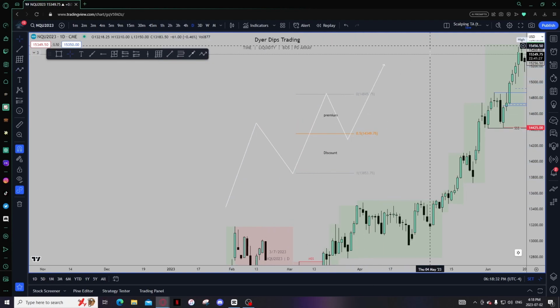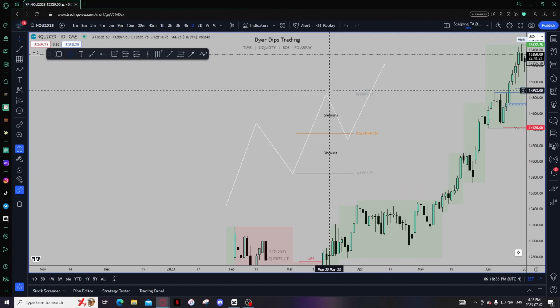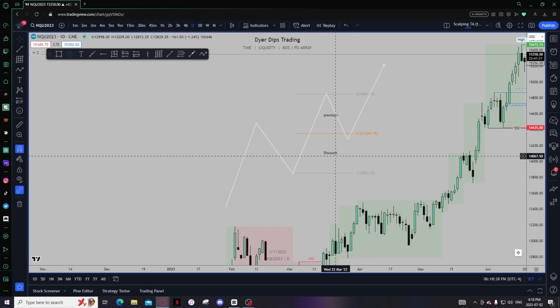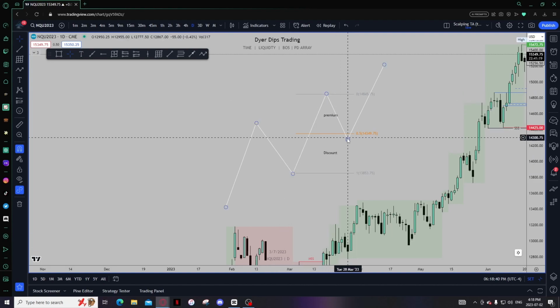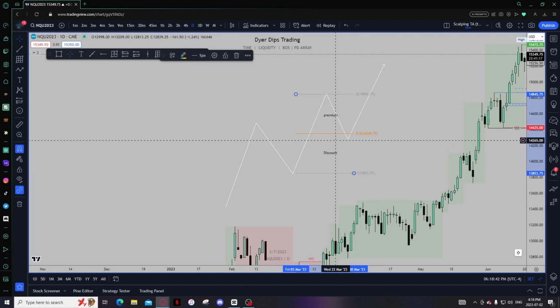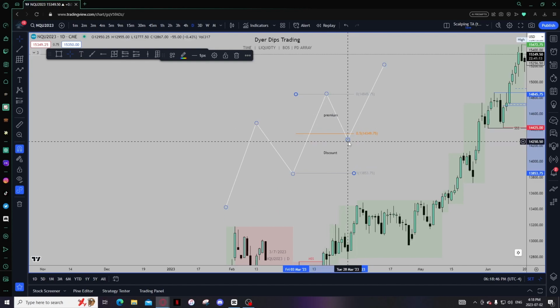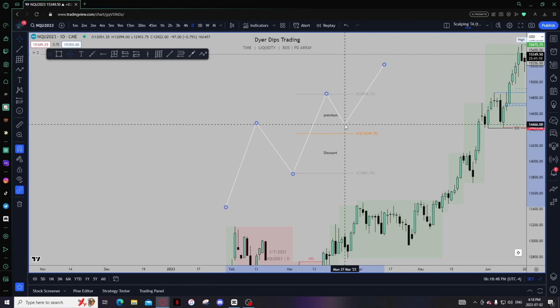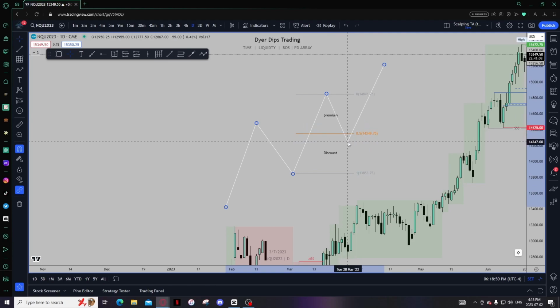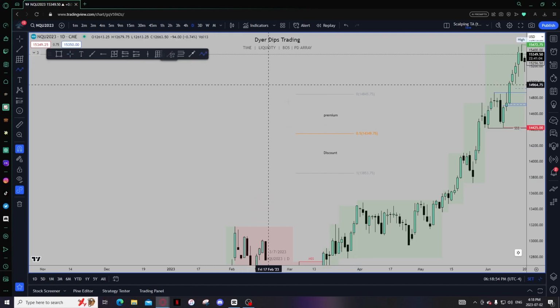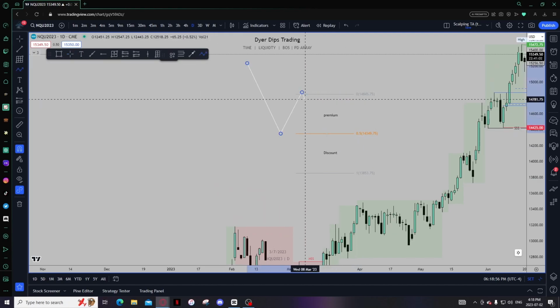Okay, this is obvious buy model, bullish market structure, but it tends to go from premium to discount, okay? Price likes to come into discount. Discount means below 50%. Premium means above 50%. A rule that I have is I don't buy in premium and I don't sell or short in discount. And vice versa for shorting, okay?